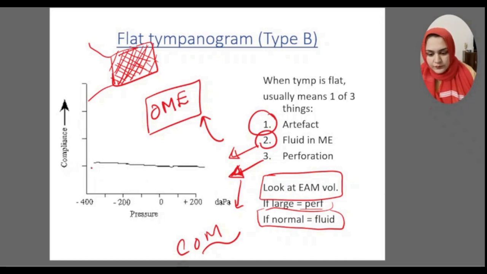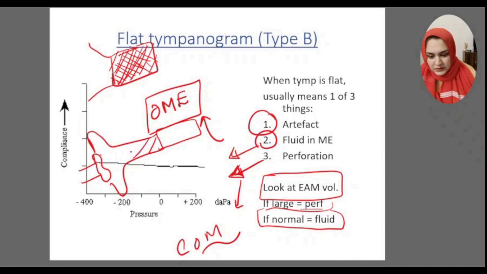So why is it so? What happens is that your probe is automatically recording the volume of the external auditory meatus. Now this is the middle ear. If there is perforation in the tympanic membrane, it will also include the volume that is present inside the middle ear.